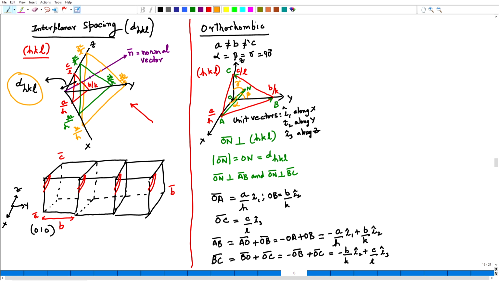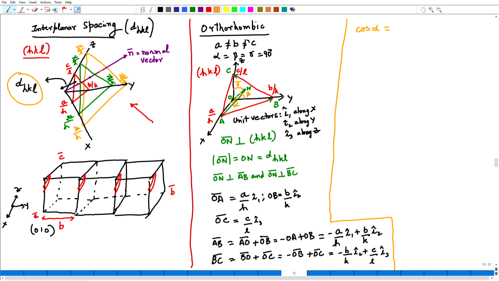So, basically cos alpha, cos beta, cos gamma become the direction cosines. So, let us try to write an expression for cos alpha.